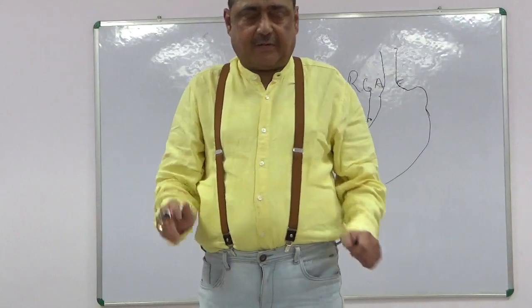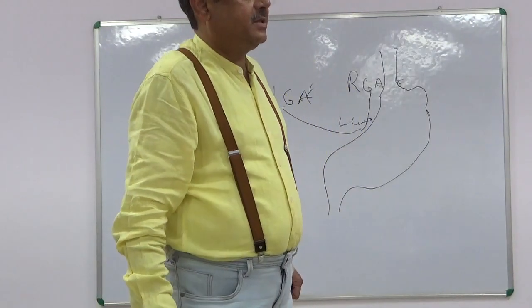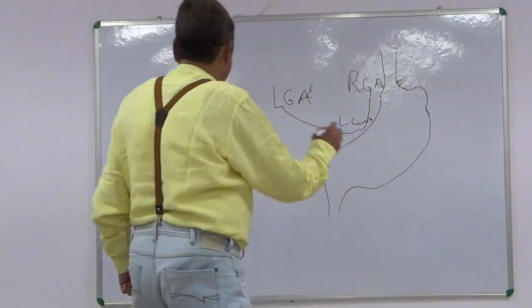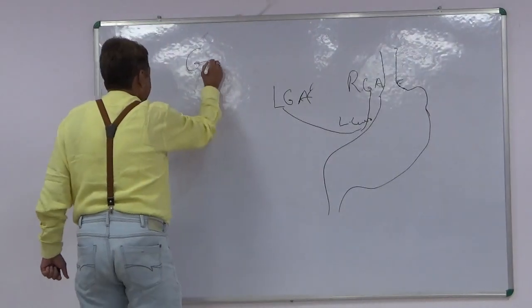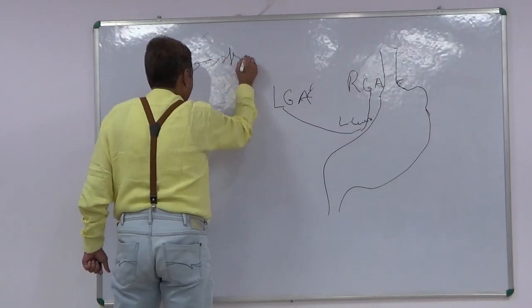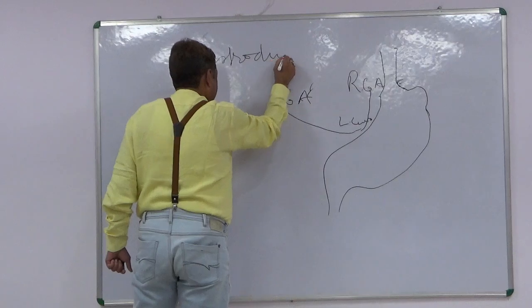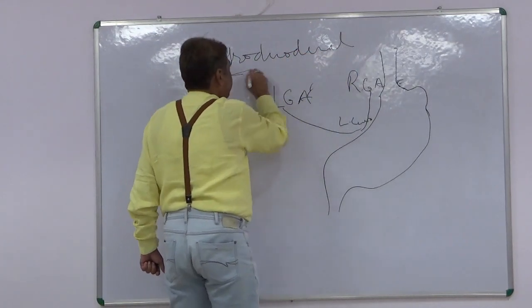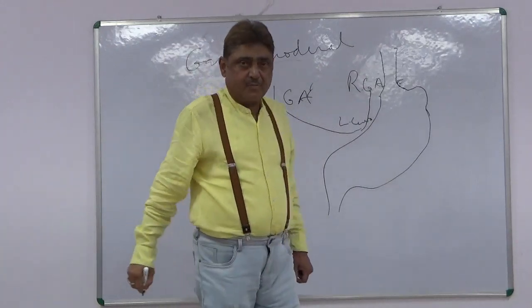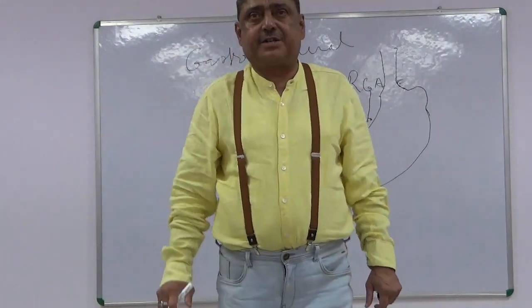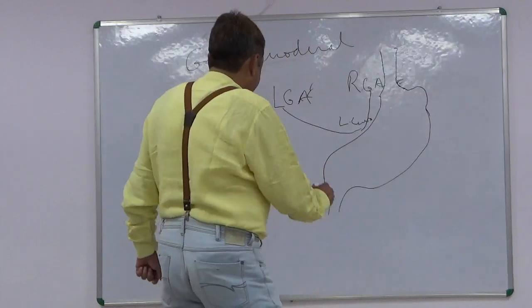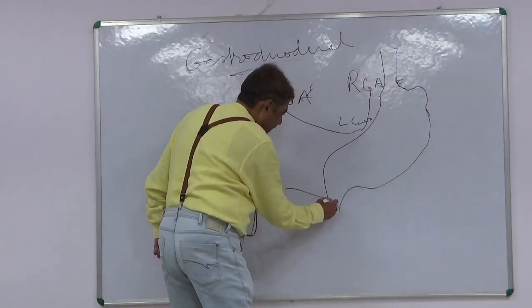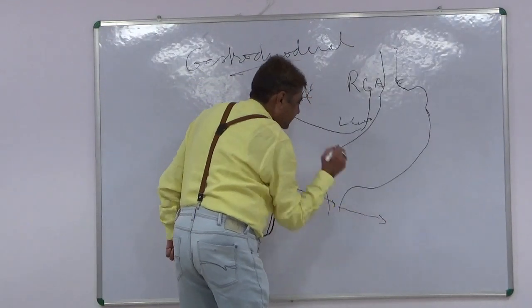Slightly going away from the stomach, we have an important artery, the gastroduodenal artery, which is very important in surgery because it supplies the duodenum and the head of the pancreas.